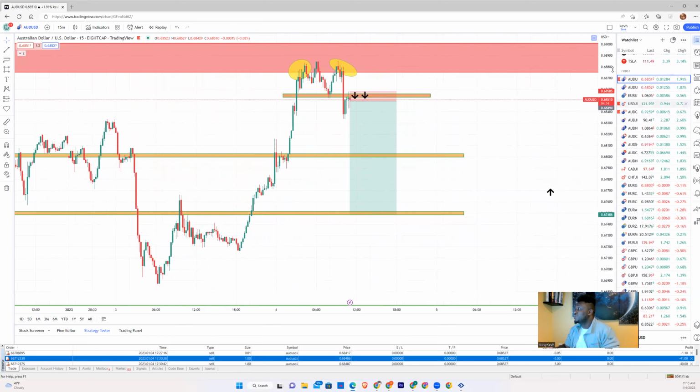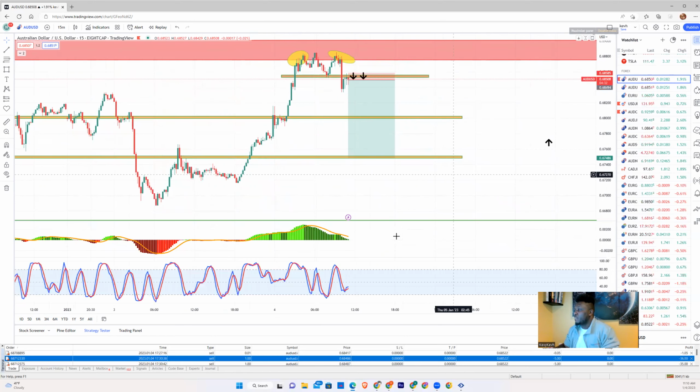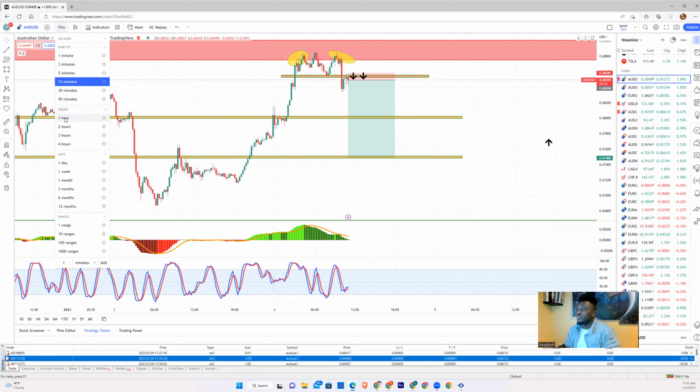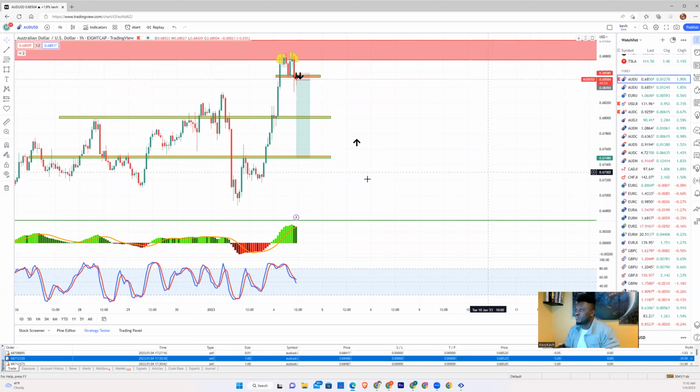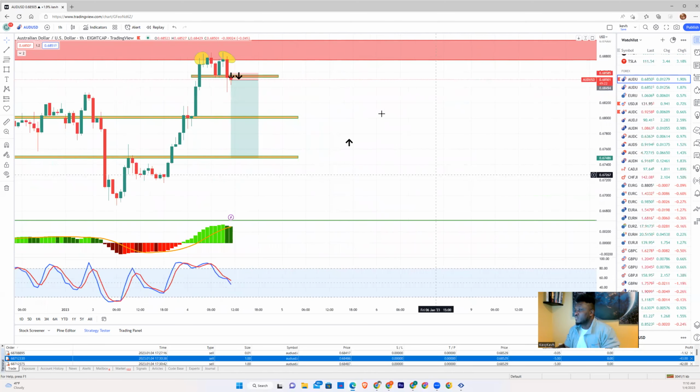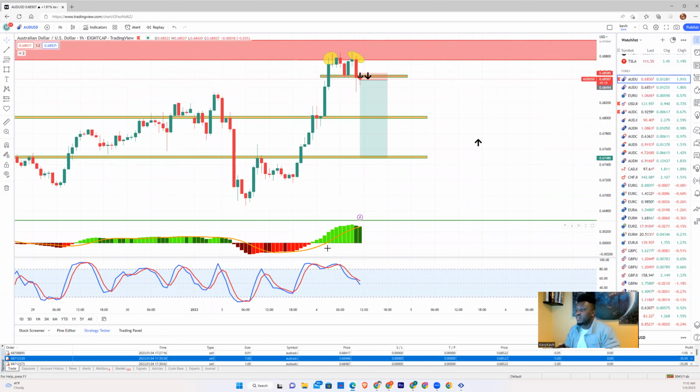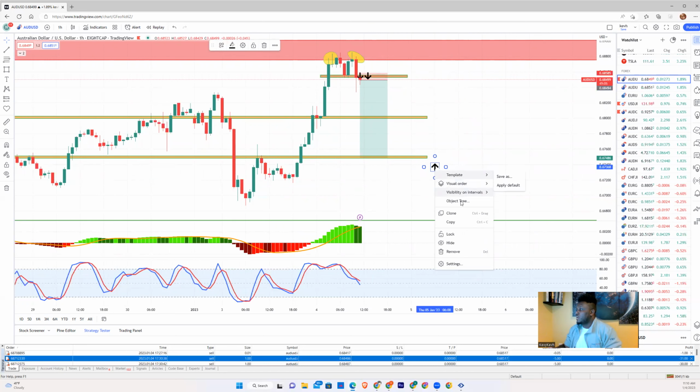Just so that you know, I do have indicators that I use. Okay, I do have my indicators that I use, and if you look on the 1 hour, I do have just 2 indicators that I use, and pretty much, you know, as much as I depend on price action and everything, I still use some indicators.